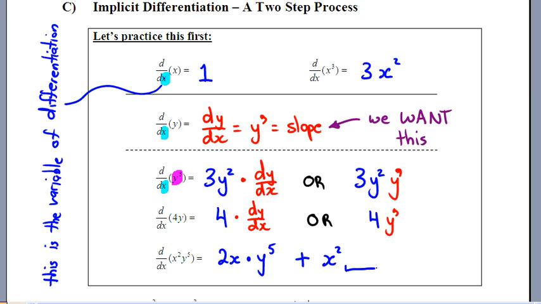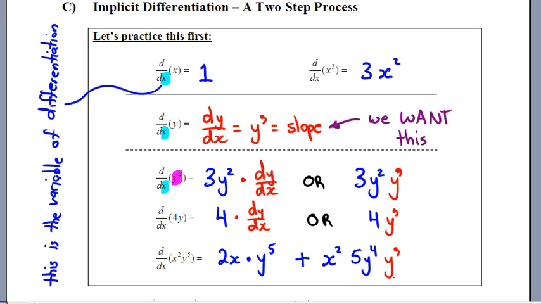But now right here, I want to write down the derivative of y to the fifth with respect to x. So first of all, I'm going to cheat and say, well, how about we go with 5y to the fourth, but you just did a derivative with respect to y. That's totally fine as long as you fix it by multiplying by a y prime. So whenever you find yourself playing the pattern but doing it with y's, you'll always see a little y prime kicker come in on the end.